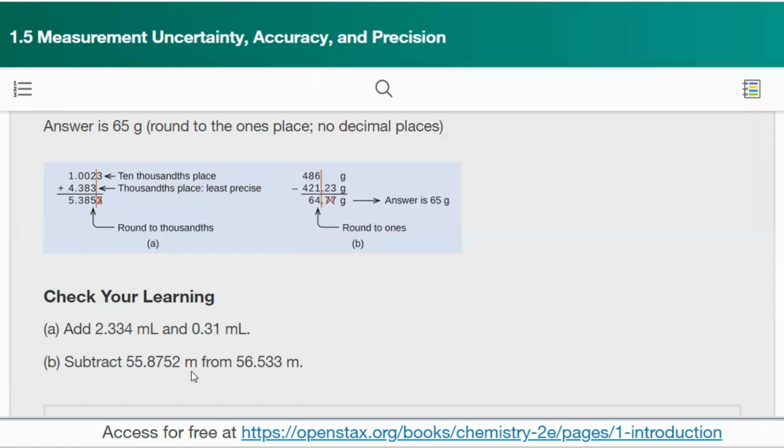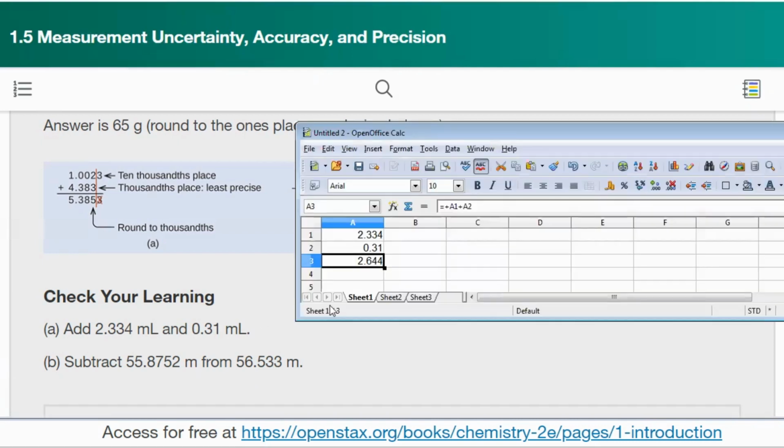Okay. Now the next one is subtract 55.8752 from 56.533. So let's do that. Just get another cell here.